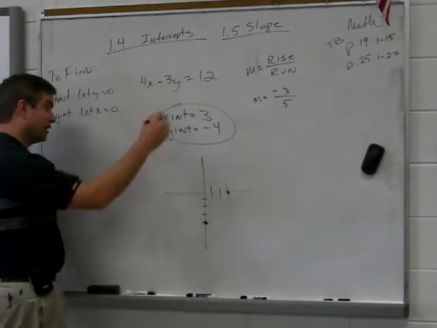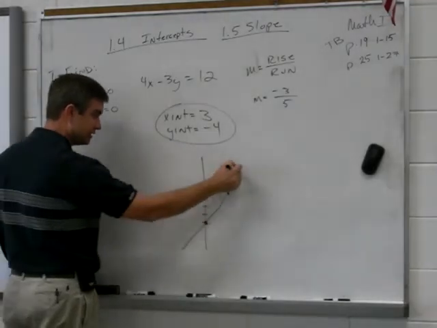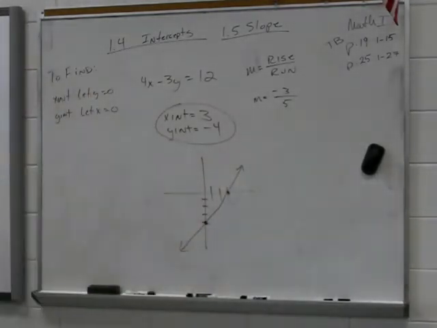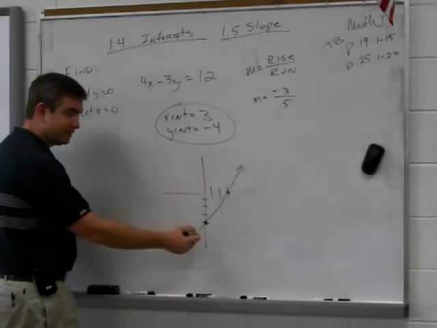Okay? So your x-intercept's 3, your y-intercept's negative 4, there's your line.